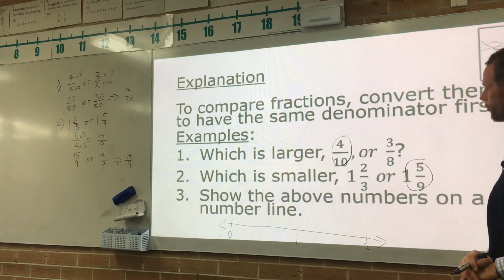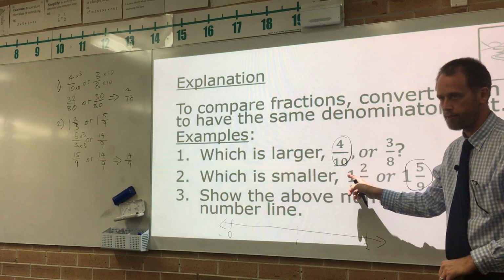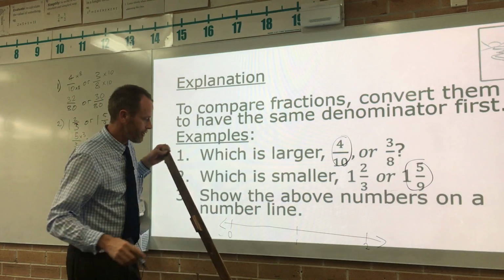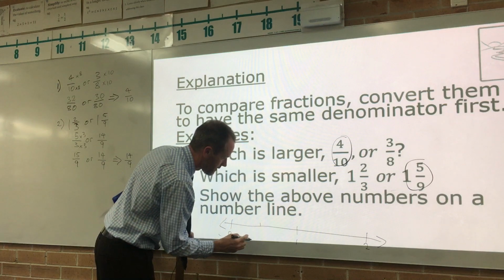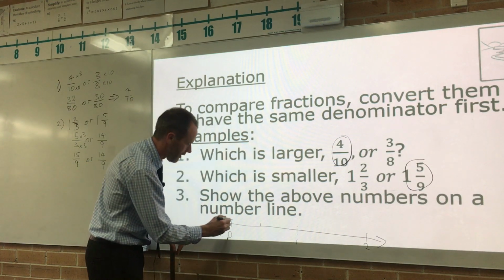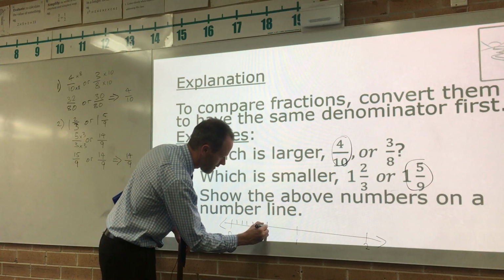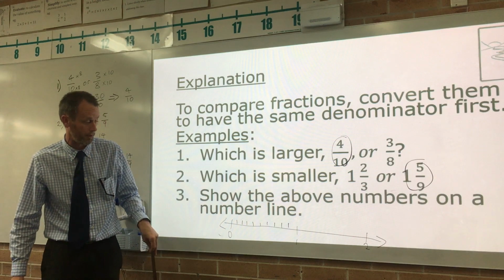If I was to draw my first two numbers, 4/10, what that actually means is divide this part up into 10 parts. All right? So there's 5. I'm just going to estimate roughly how far apart they need to be. You would use a ruler and measure it properly.